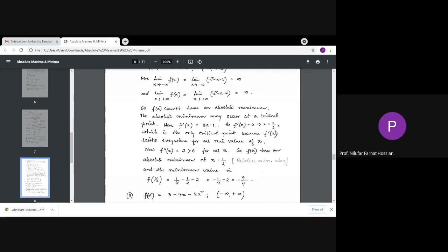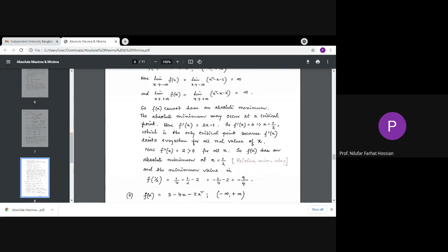At this point, if you consider a local interval, there will be a relative minimum, but this point will also give you the absolute minimum, because there is no other critical point here. So there cannot be any other maximum or minimum here.